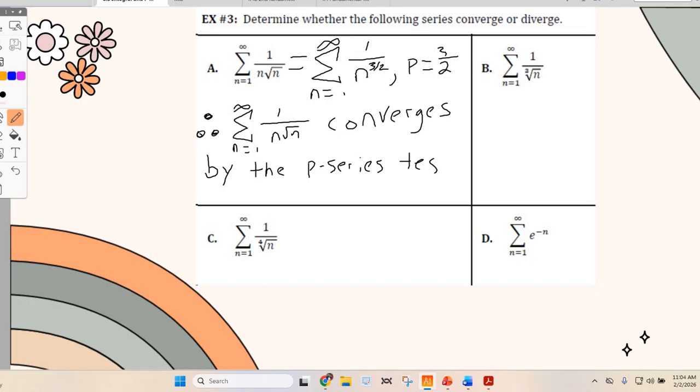What do we think about the second one? What's our p-value here? 1/3. So what is that going to do? Diverge.